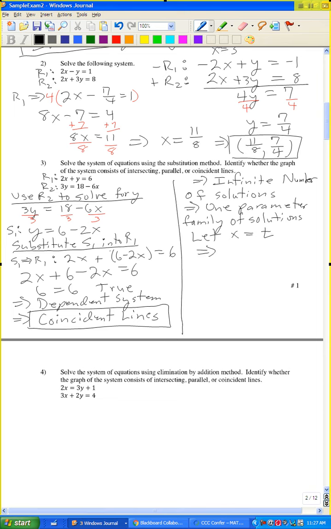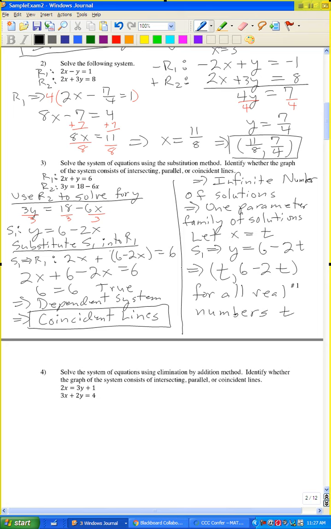If I let x equal t and plug this into, let's say, S1, then we get y is equal to 6 minus 2x, which is t. So therefore, my solution is x is t, y is 6 minus 2t, and this is for all real numbers t. And that is my solution.